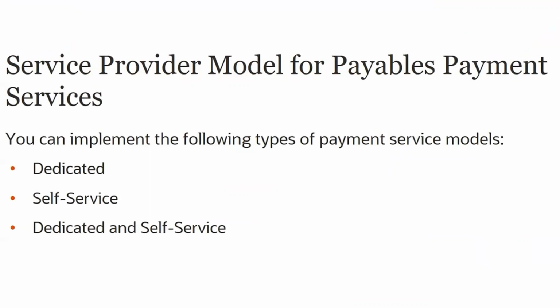The service provider model for payment services can be of three types. You can implement the following types of payment services models. It can be dedicated or self-service, or both dedicated and self-service can be configured in the system.